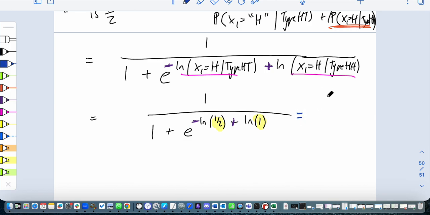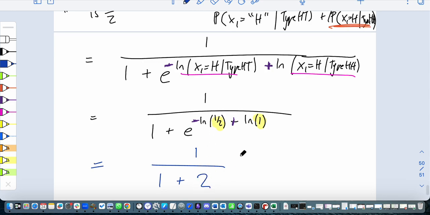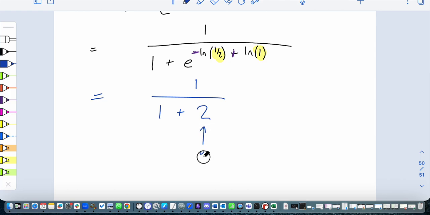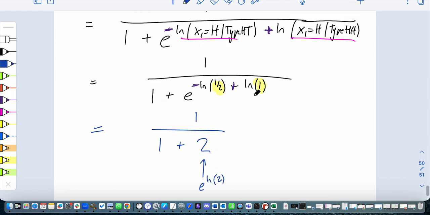So this was equal, in this problem, to 1 over 1 plus e to the minus log of a half. Minus the log of a half is the same as the log of 2. E to the log of 2 is 2. So this is a 2, and the 2 really came from e to the log of 2. Okay, so that was how we got a third last time.